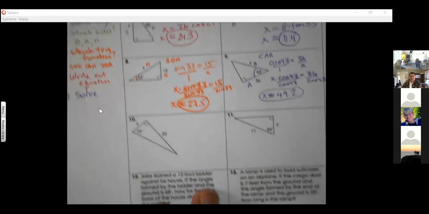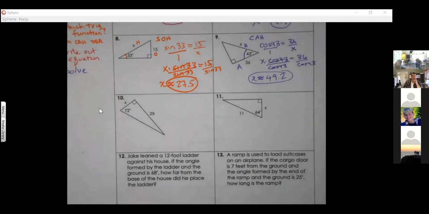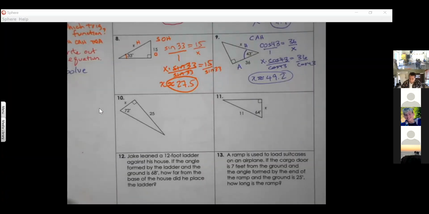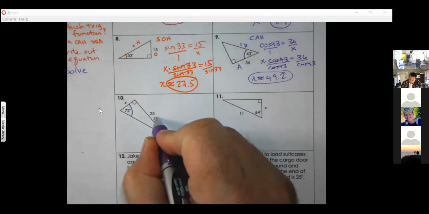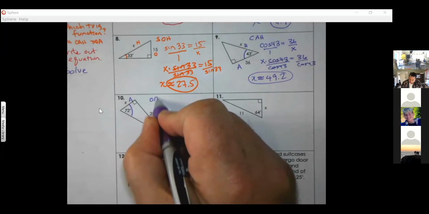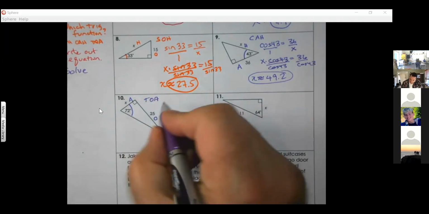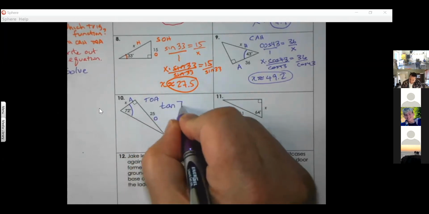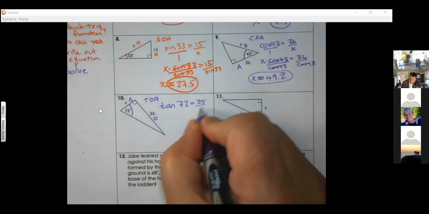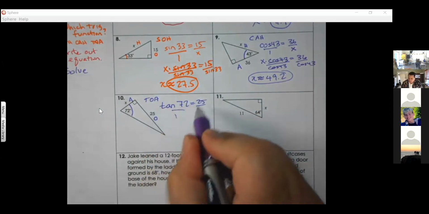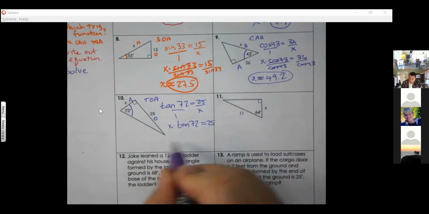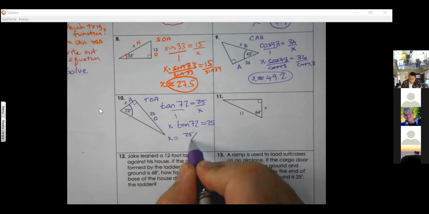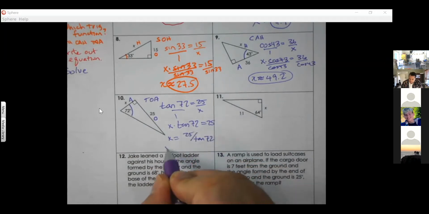Okay, why don't you guys please do 10 and 11? Go. All right, let's see. Here's my angle. This is opposite. This is adjacent. Calling for a tangent. So the tangent of 72 equals 25 over x. Cross multiply. So x equals 25 divided by tan 72.